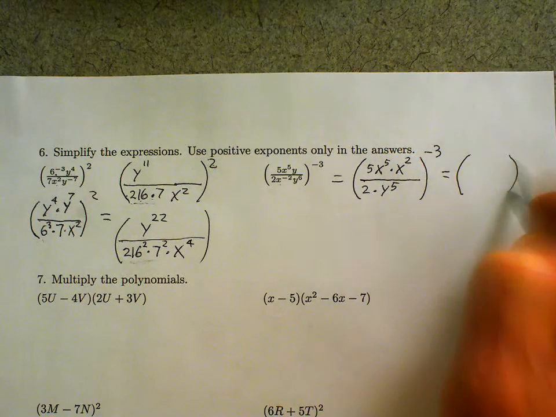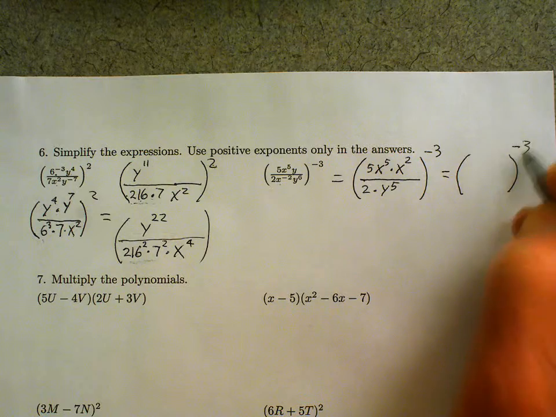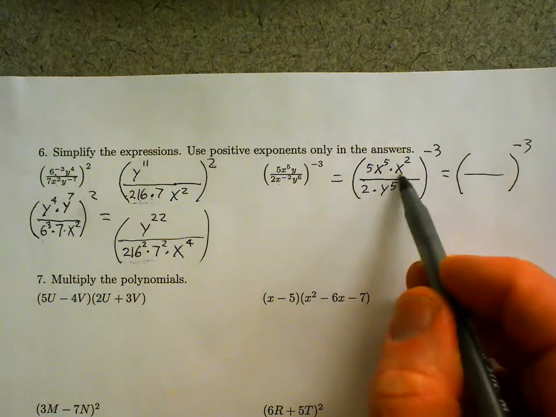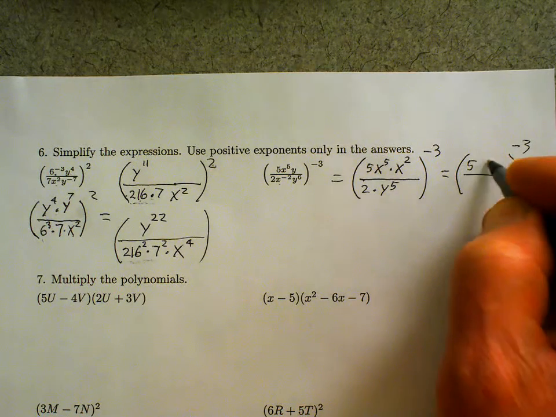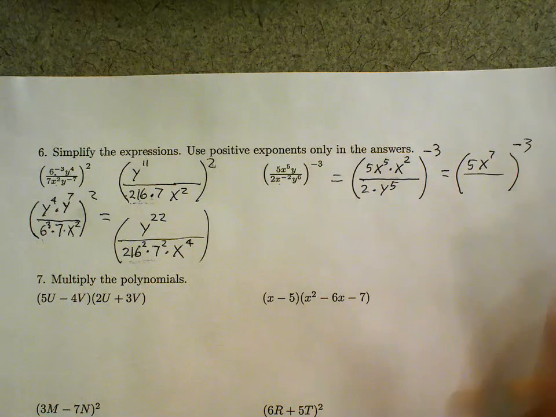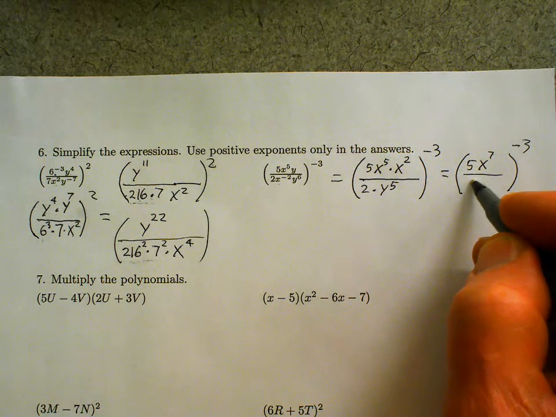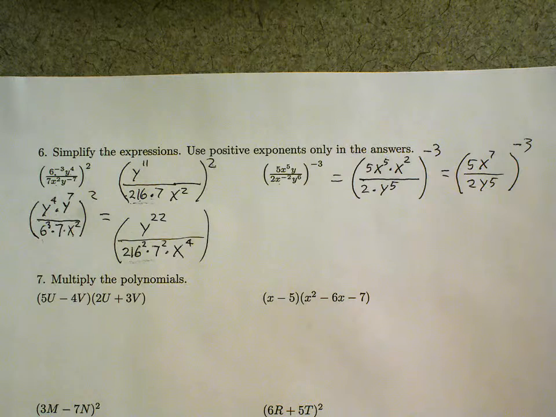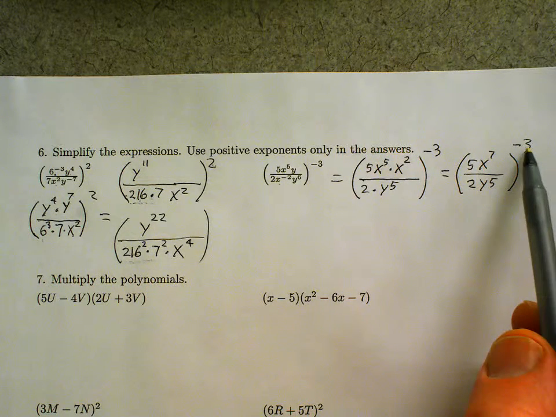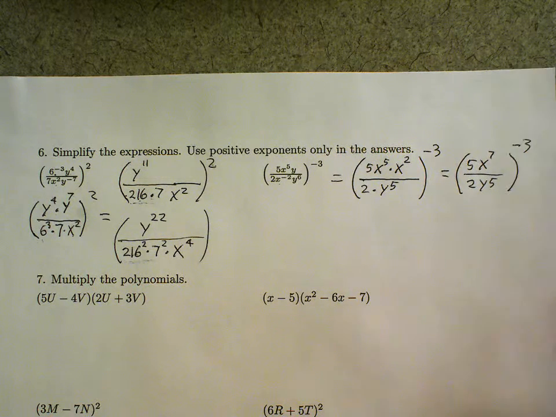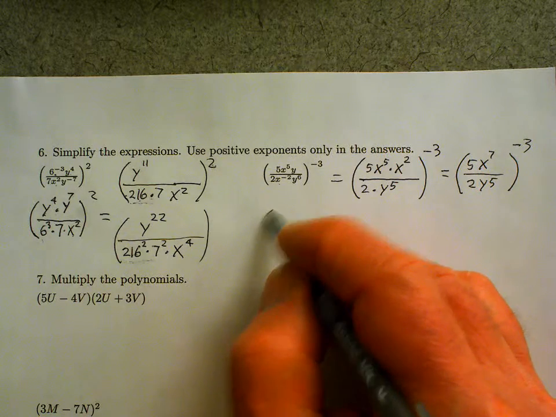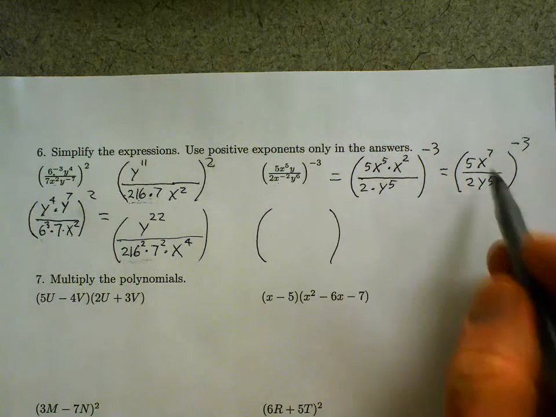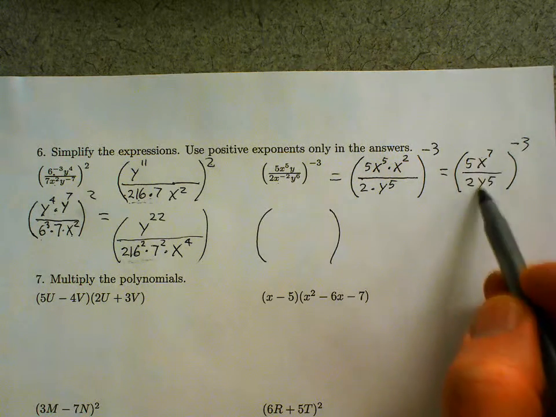Okay, in the numerator, we'll simplify a little bit more. 5x to the 5th times x to the 2nd is 5x to the 7th. And the denominator is 2y to the 5th. Okay, now, since the outer exponent is -3, we reciprocate the fraction.